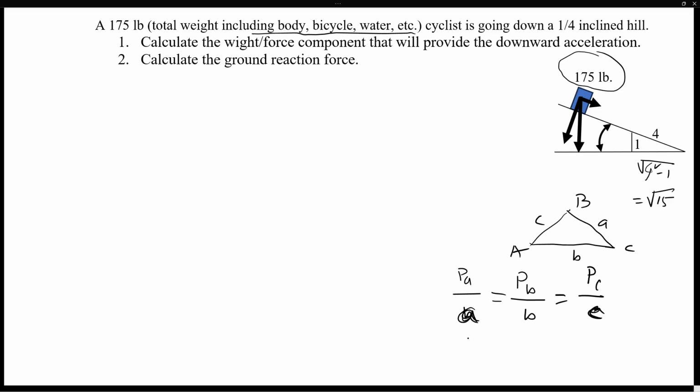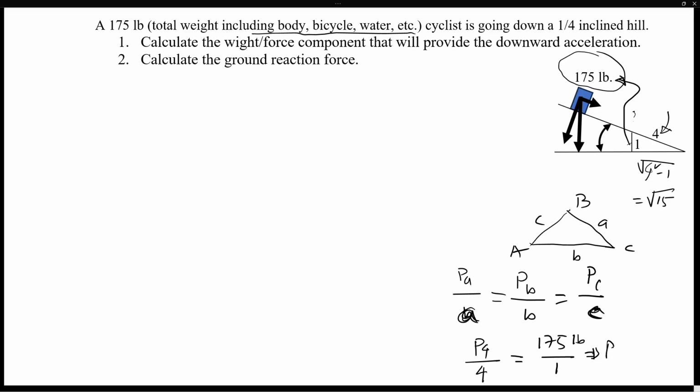Now, if you don't put a whole lot of thinking, you will think, okay, here is this one. So this represents that 175, and then I'm going to calculate the force represented by side 4. So you can simply write P4, the force represented by side 4, the downward acceleration force, and then 175 pounds divided by side 1.